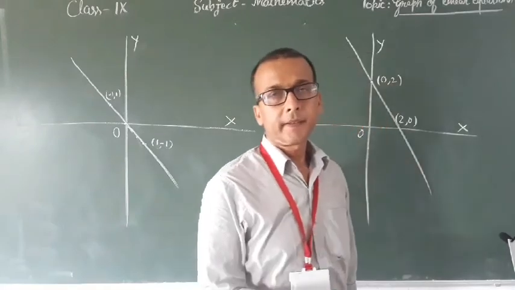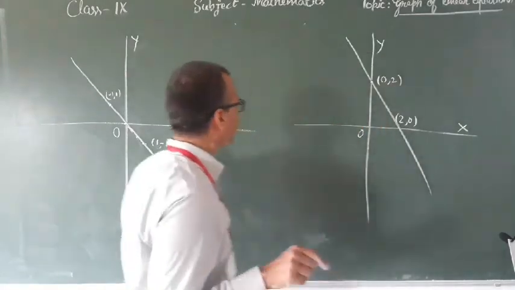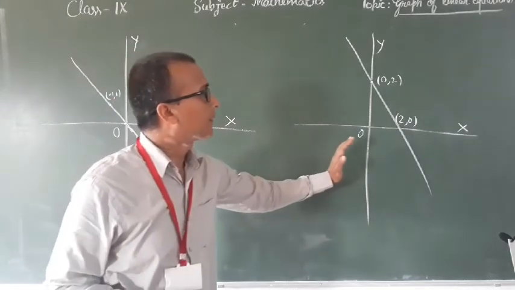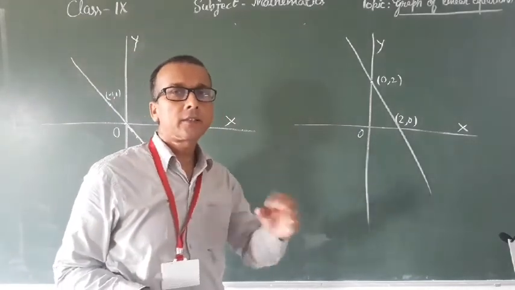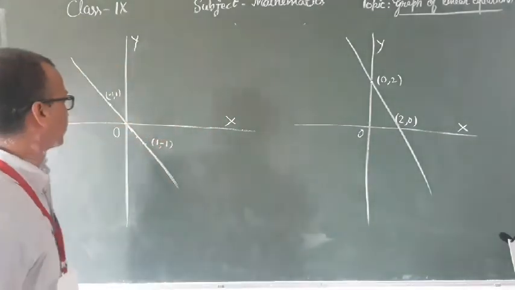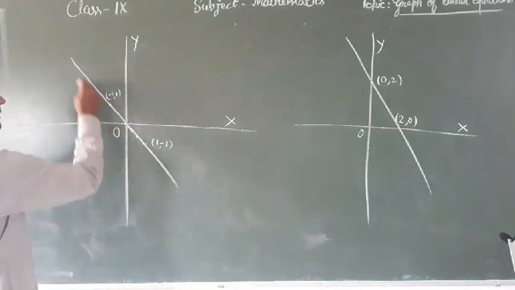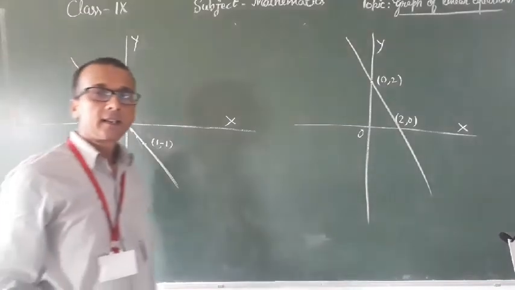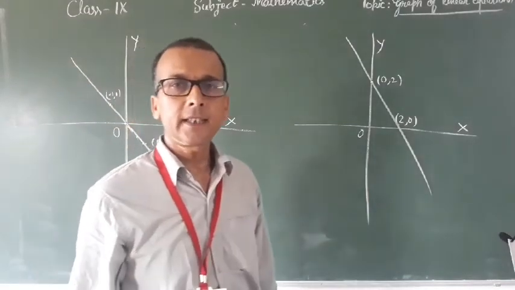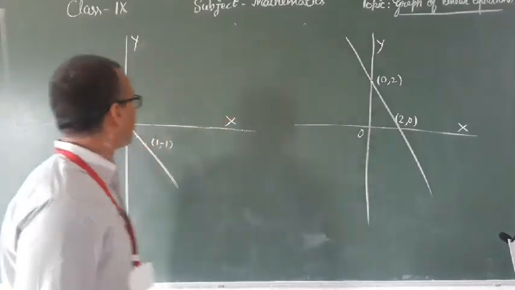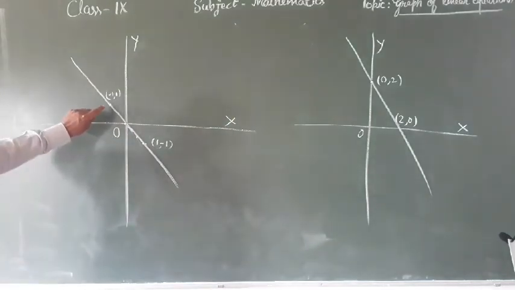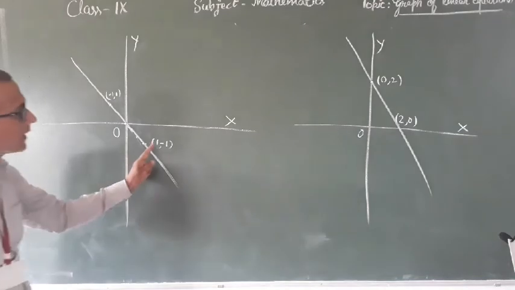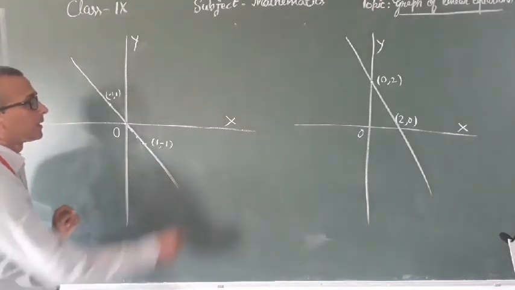In question number 5, there are 2 figures. We have to find out the equation of these lines. Here it is given this line passes through the origin. It means the constant term will be 0. And next it passes through points (minus 1, 1) and (1, minus 1).